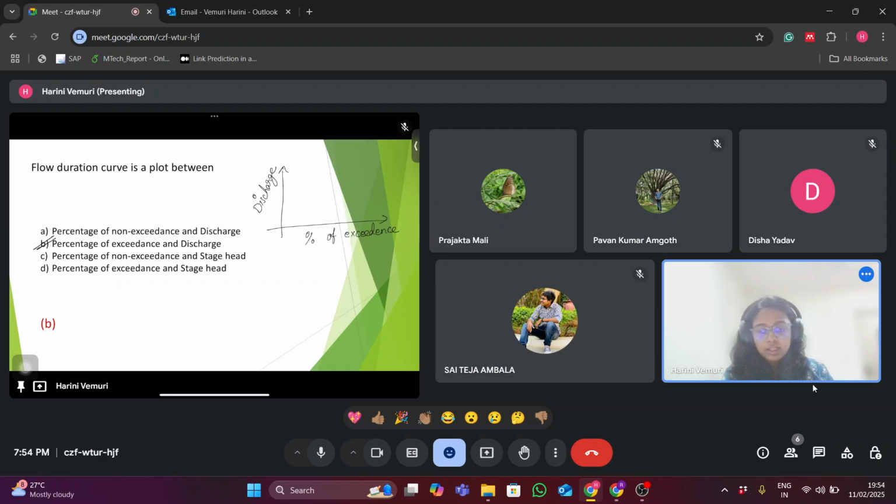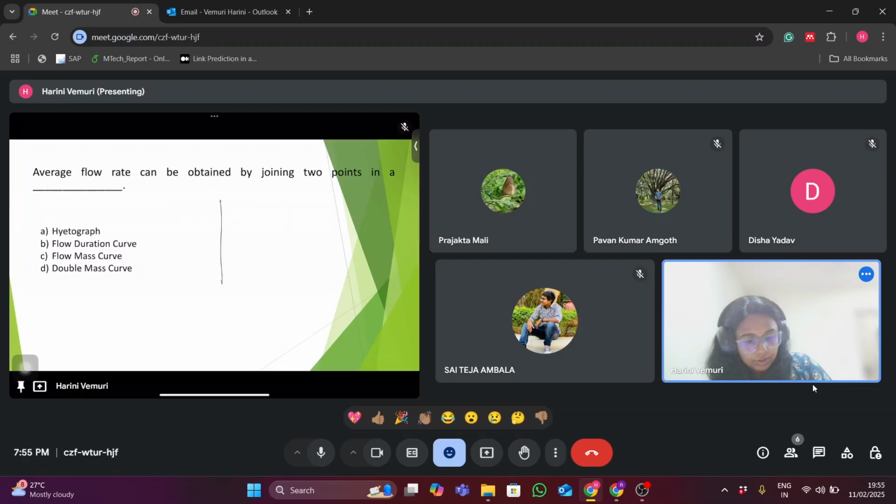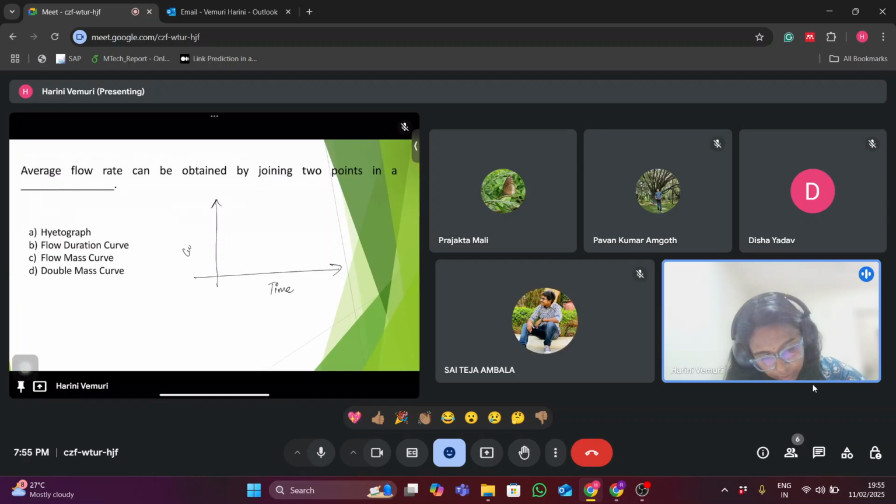Option B. So the next question is, average flow rate can be obtained by joining 2 points in a hydrograph, B. flow duration curve, C. flow mass curve, D. double mass curve. We have seen that a flow mass curve is a plot between time and cumulative volume of flow.